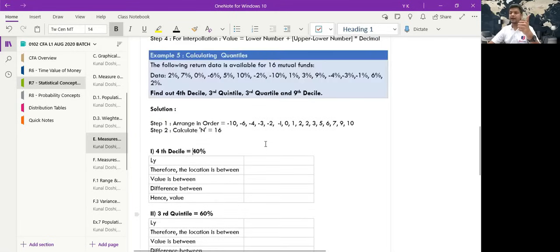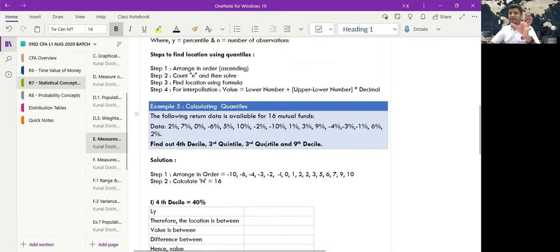Am I correct? Similarly, one quartile is 25%, so the third quartile will be 75%. And one decile is 10%, so the ninth decile will be 90%. This is what we have to find. Again, until I complete the entire question, things will be difficult to understand.